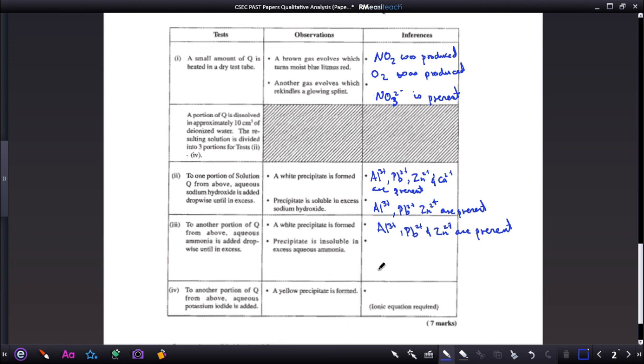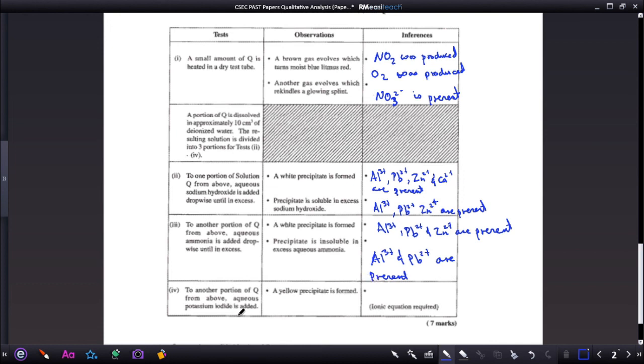So when we add excess ammonia, only 2 of these 3 white precipitates would be insoluble, and they are aluminum 3+ and lead 2+. Only those 2 would be insoluble in excess ammonia. Zinc is soluble in excess ammonia, so we can rule out zinc.